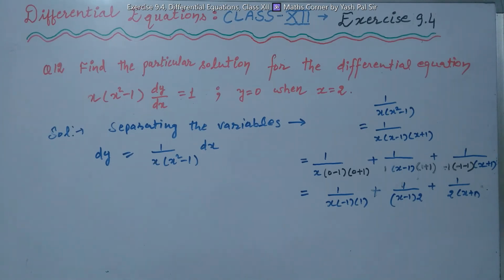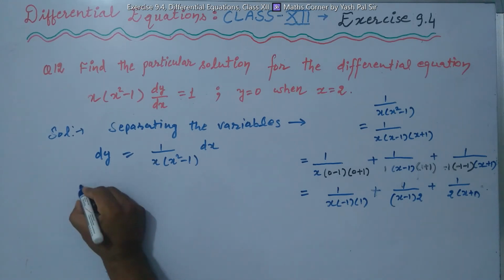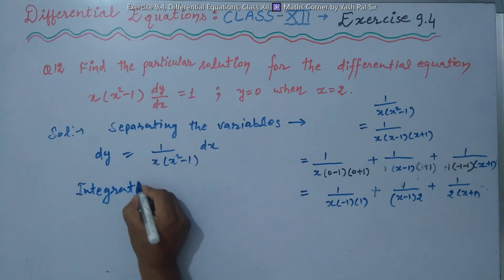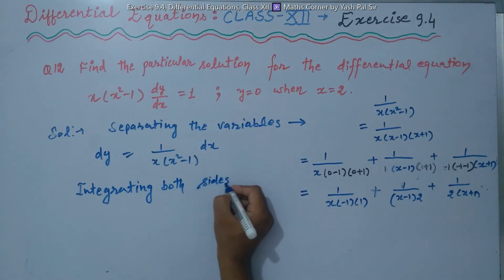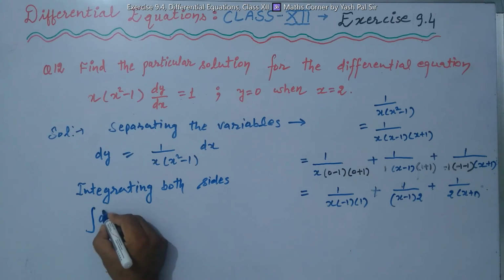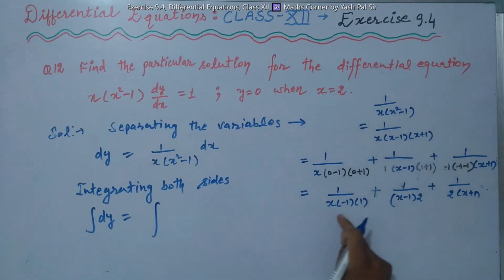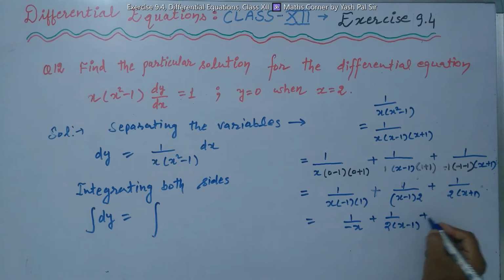So this way we have the next step, integrating both sides. Integrating both sides. So for dy we insert the integration sign, is equal to, this whole is equal to 1 upon minus x plus 1 upon 2 into x minus 1 plus 1 upon 2 into x plus 1.